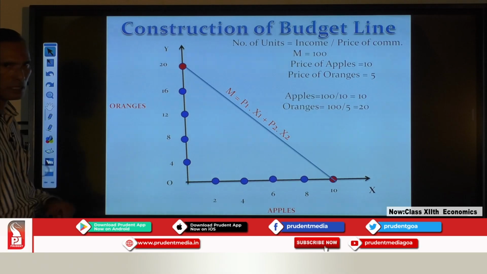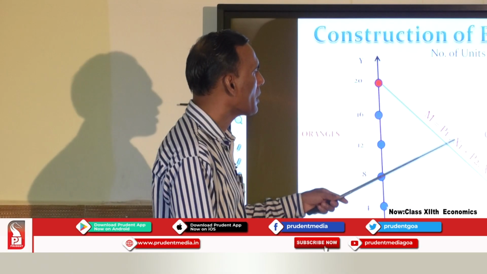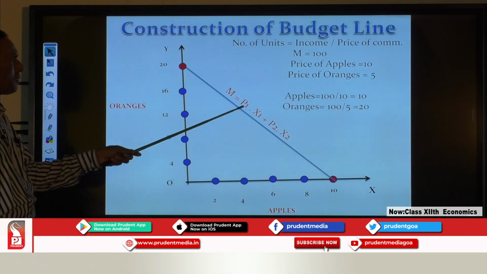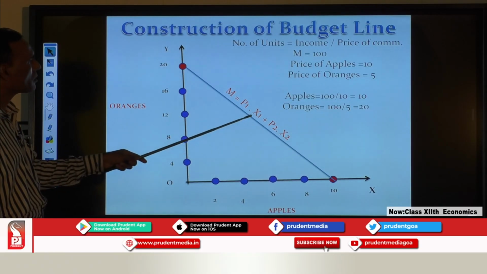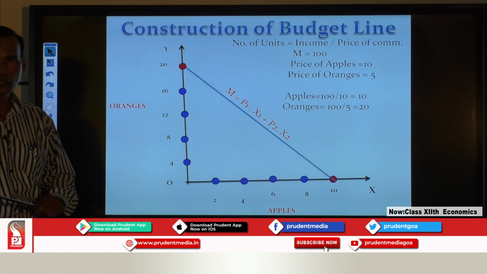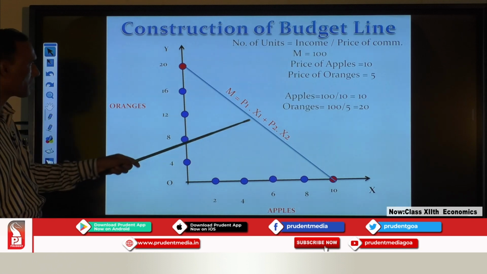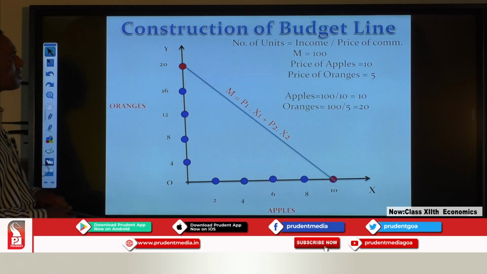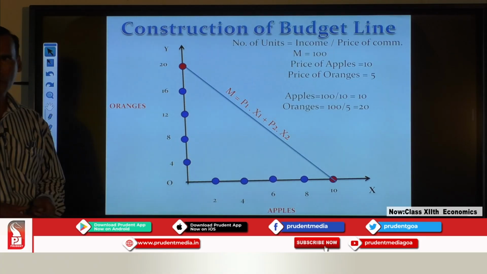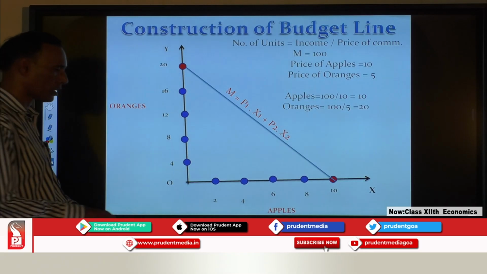M means consumer's income, P1 means price of commodity 1, x1 means number of units of commodity 1, P2 means price of commodity 2, and x2 means number of units of commodity 2.